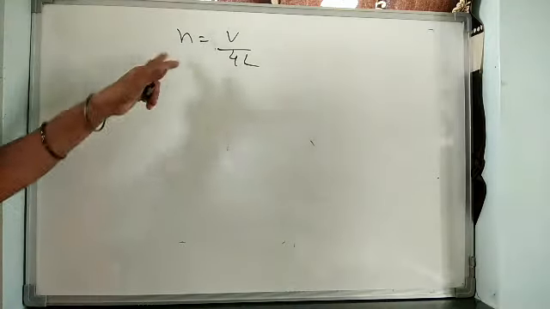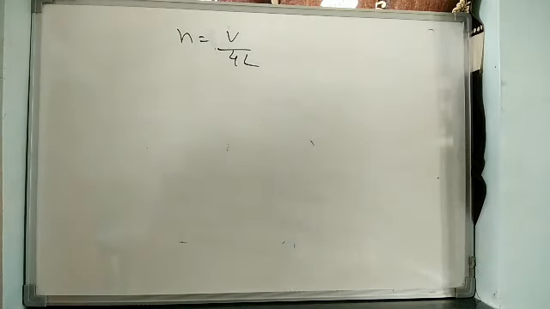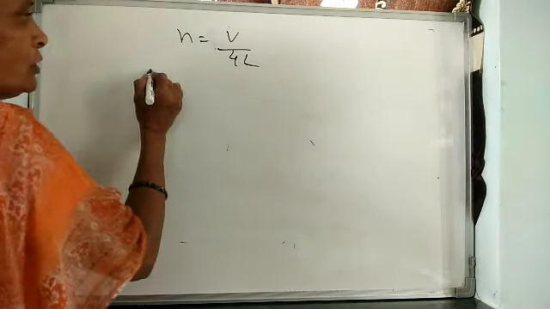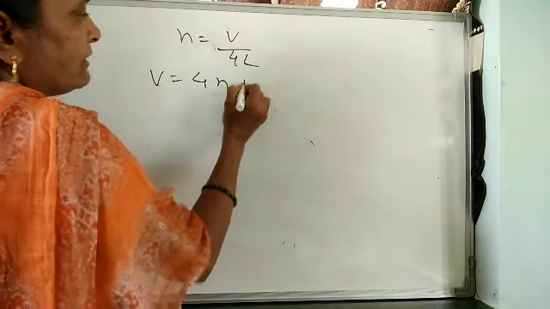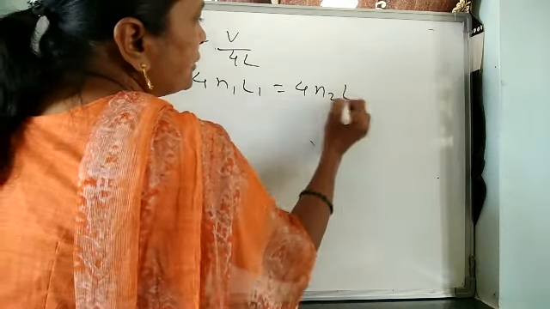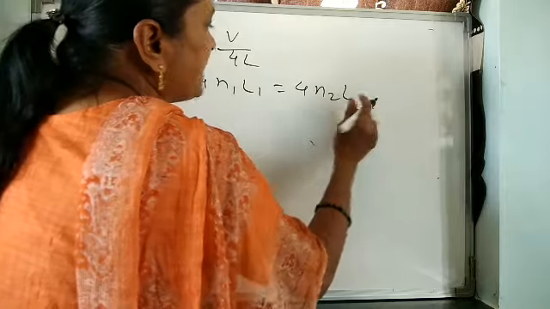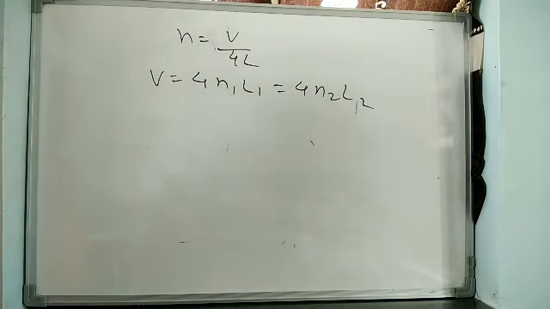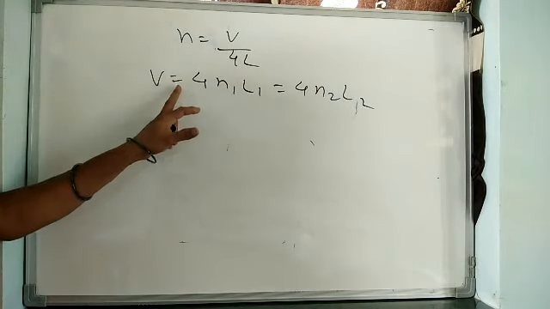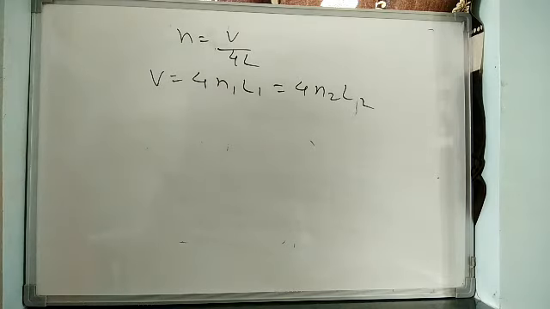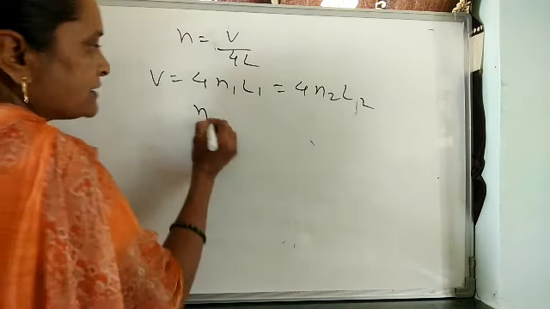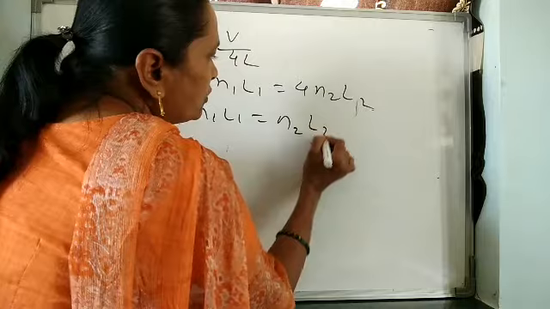This we have seen. Therefore, you can write v is equal to 4 N1 L1 is equal to 4 N2 L2. In order to find the practical formula for end correction related to a closed pipe, this is the fundamental frequency. Therefore, v is equal to 4 N1 L1 is equal to 4 N2 L2. This you can write as N1 L1 is equal to N2 L2.